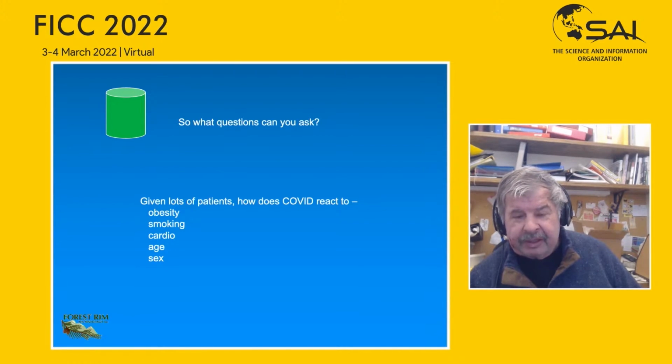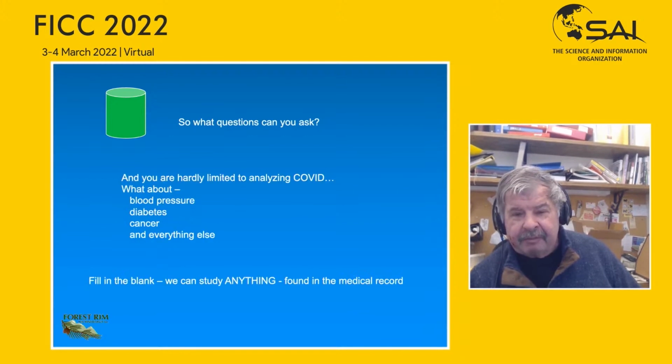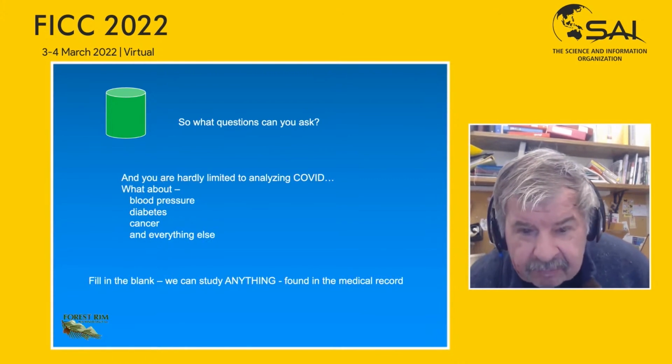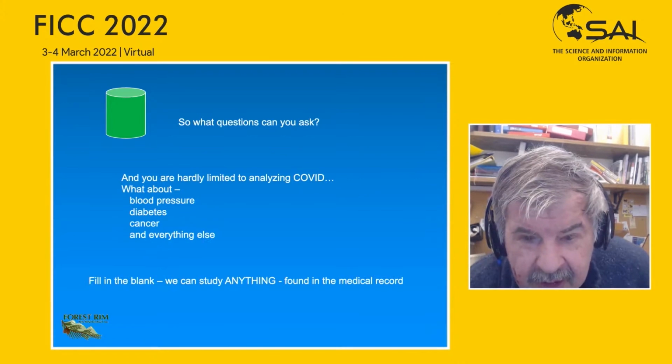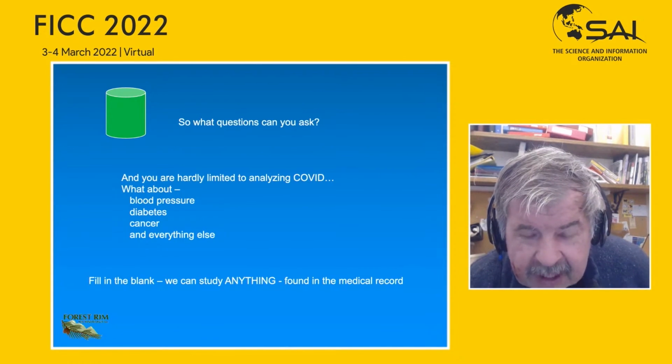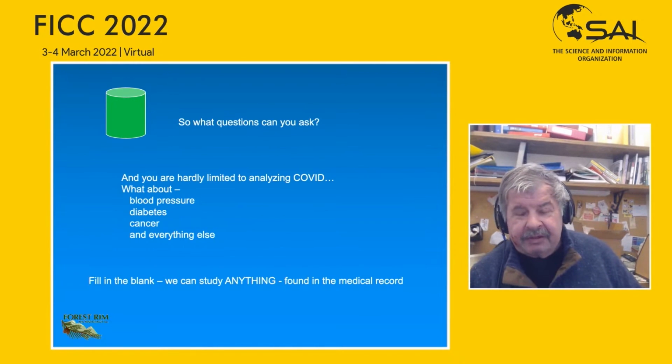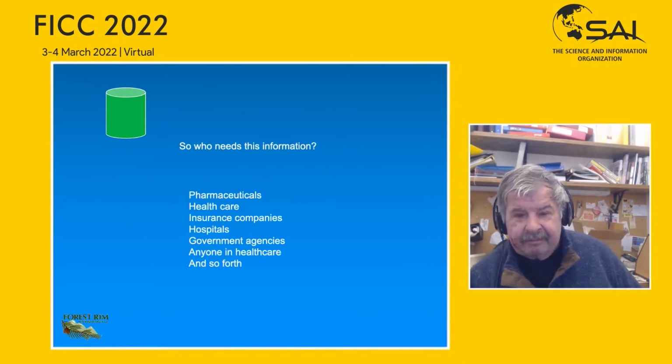And how can we do this? We can do this by taking the text and putting the text into a form that's useful to and friendly to the computer. So, what about pressures? What about diabetes? What about cancer? These are the things that we can look at.